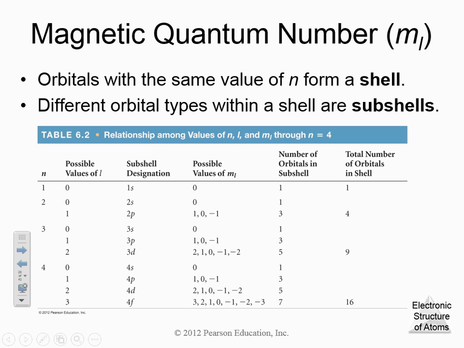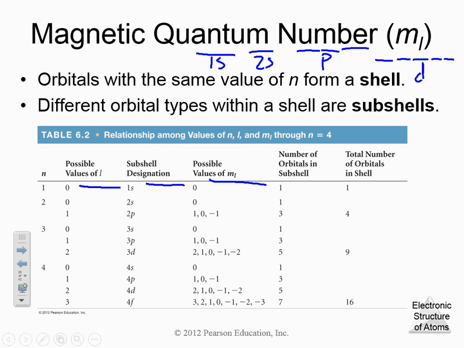Do you see how when we did configuration last year, 1s had 2 lines, 2s had 1 line, p had 3 lines, d had 5 lines to represent the orbitals? These numbers represent that. Look at s. The value of L is 0, which means that the value of M is 0, which means that you have 1 orbital. Same thing for 2s.